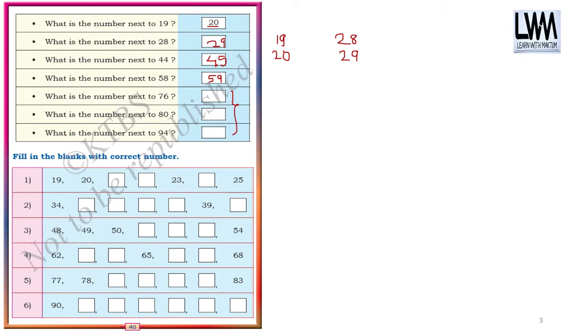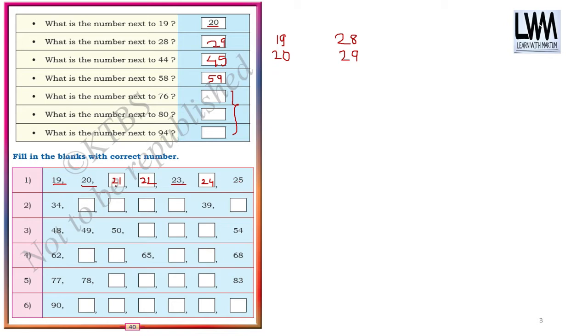Okay, good. Now, fill in the blanks with the correct number. Here they have given 19, 20, then 2 blank spaces, then 23, then one more blank space, then 25. So here you find the missing numbers: 19, 20, then 21, then comes 22, then they have given 23, then 24, then they have given 25.